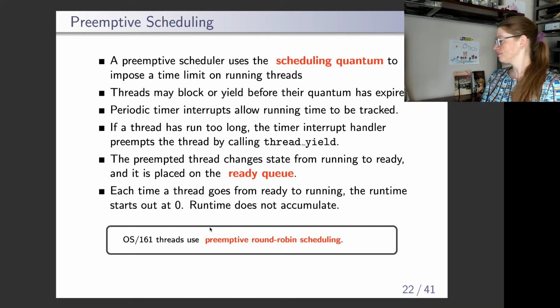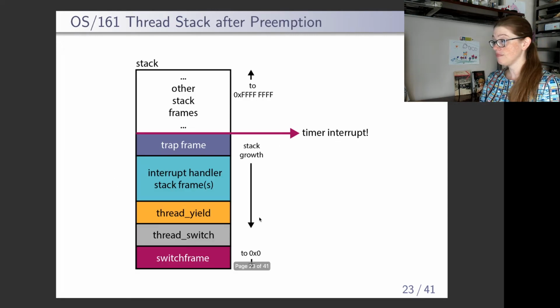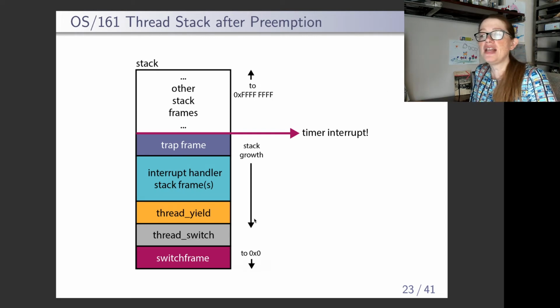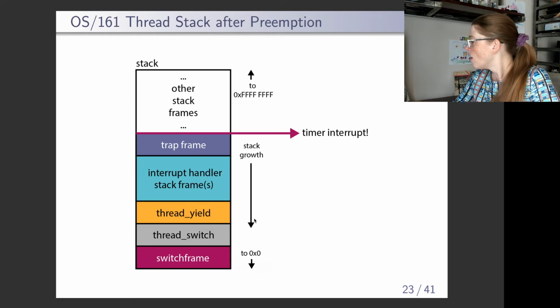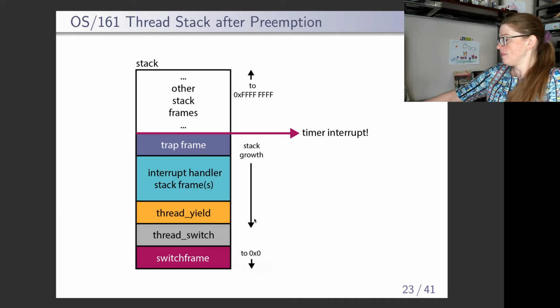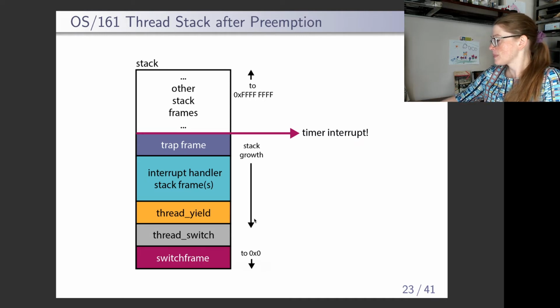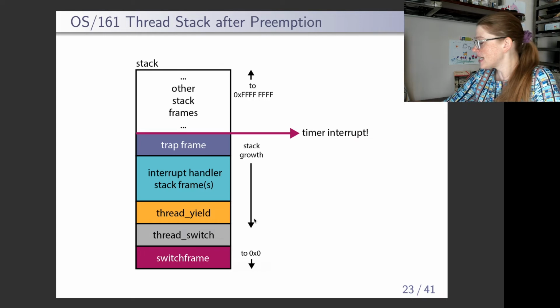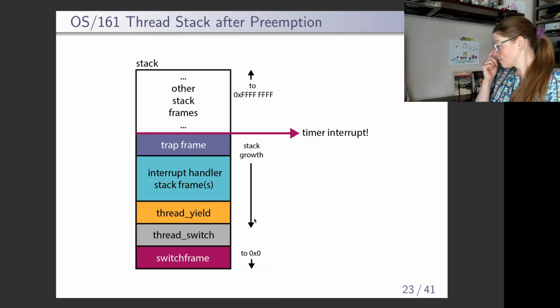All right. So what's going to happen for a context switch when we have preemption? Let's go through this example really quickly.